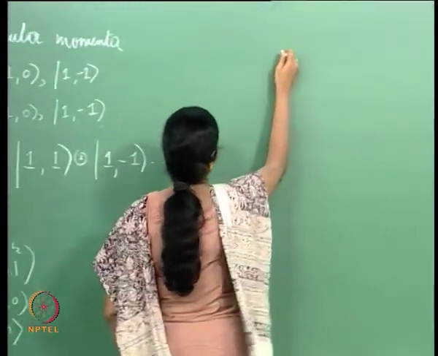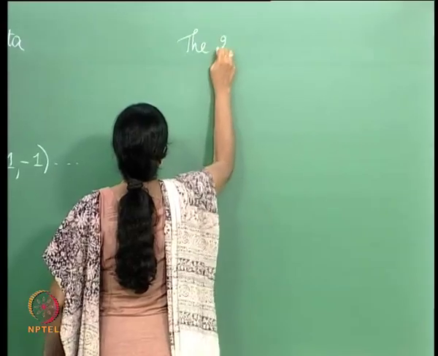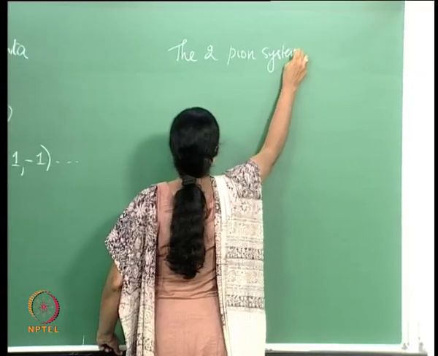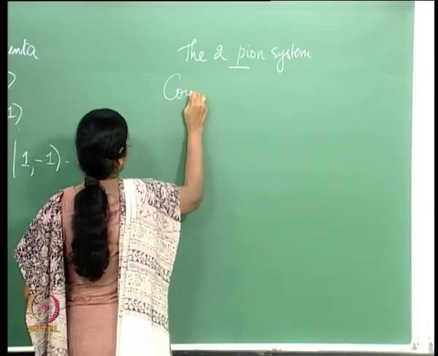So, I have the 2 pion system, coupling of isospins.